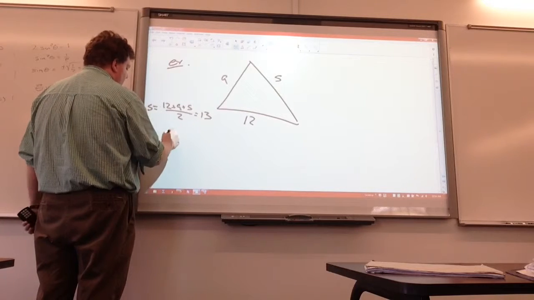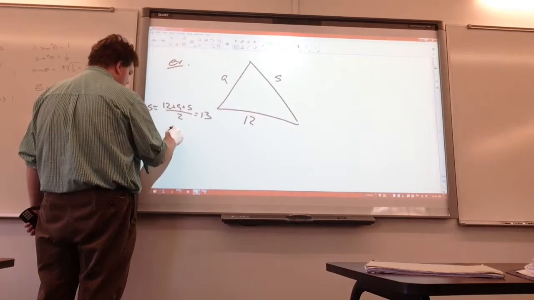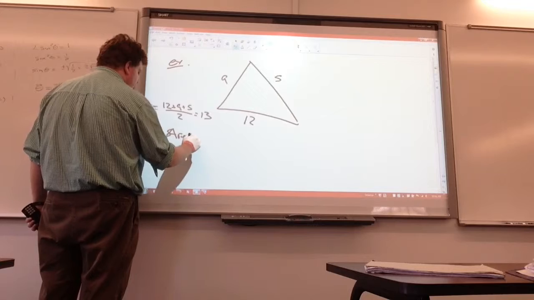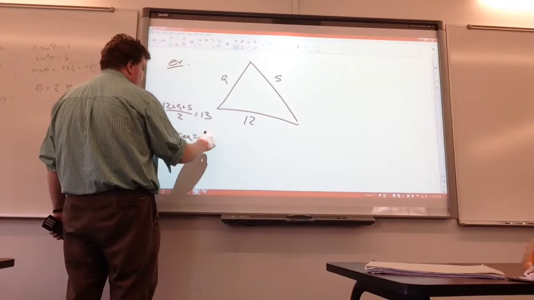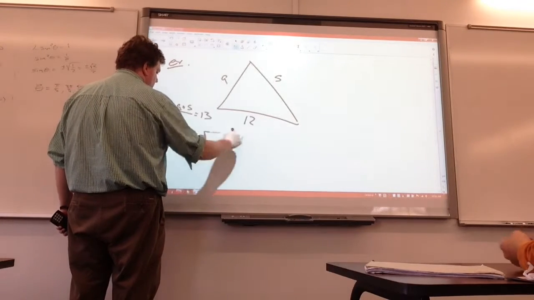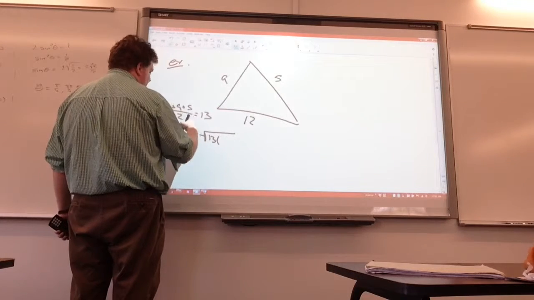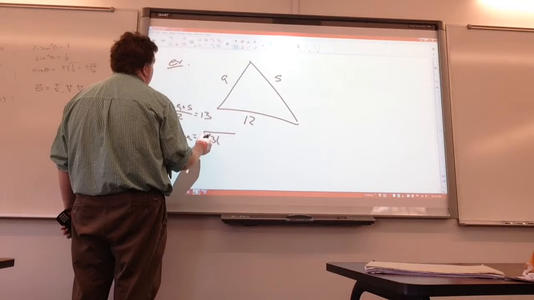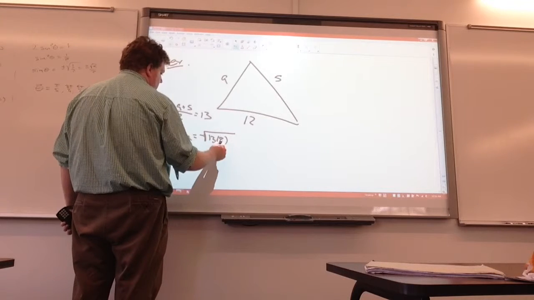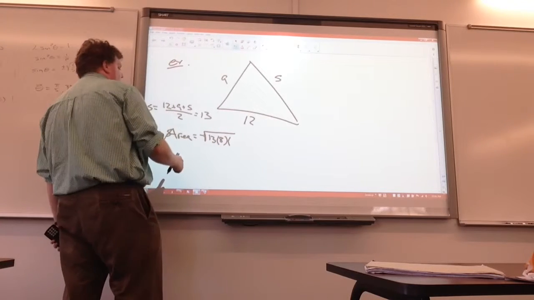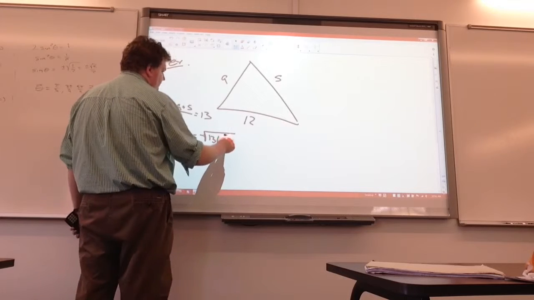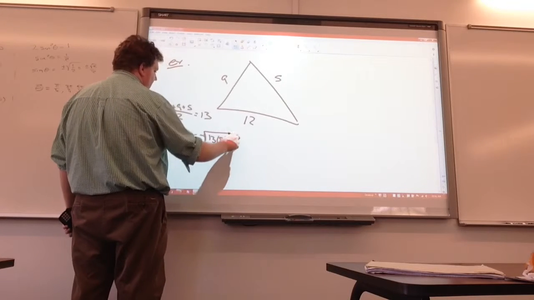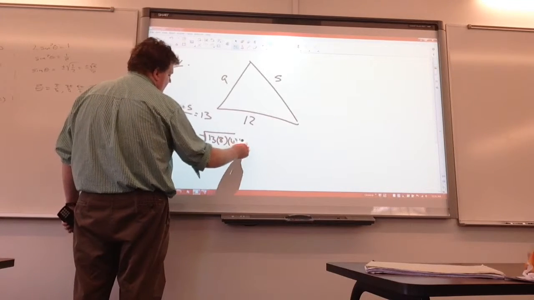Then the area would be equal to root 13 times 13 minus 5, which is 8, 13 minus 9, which is 4, and 13 minus 12, which is 1.